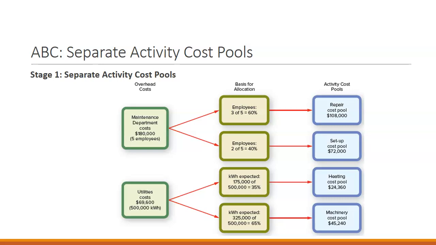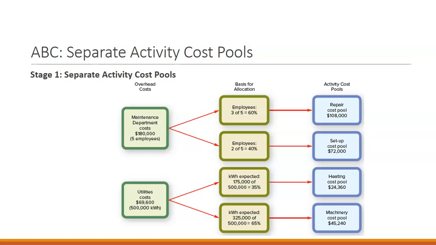Now we've decided to separate those costs out into activity pools. We've decided to separate our total cost of $249,600 into 2 overhead pools.